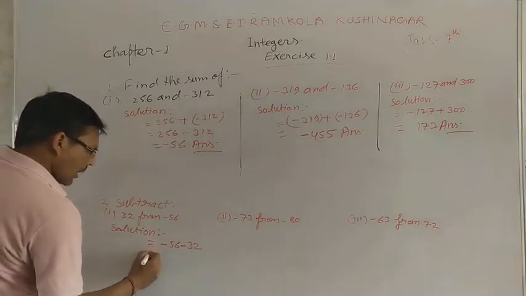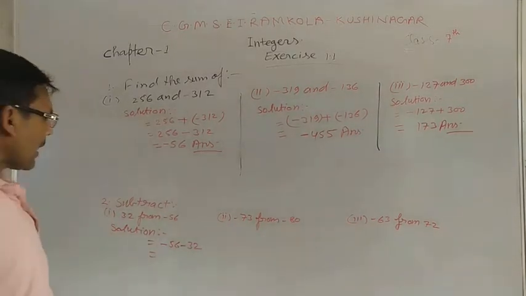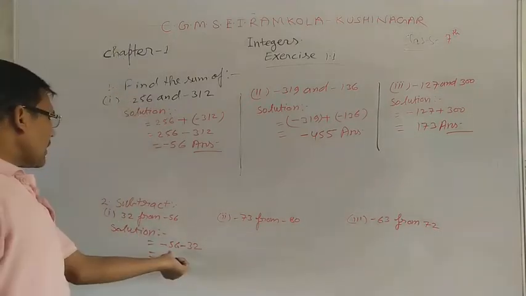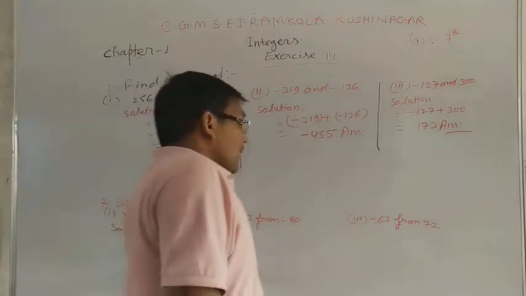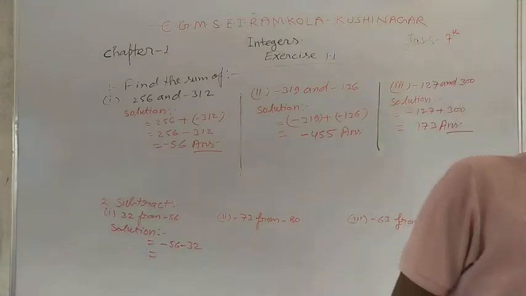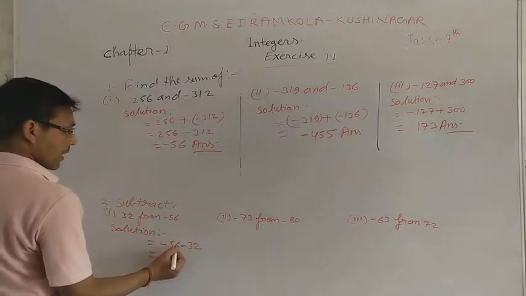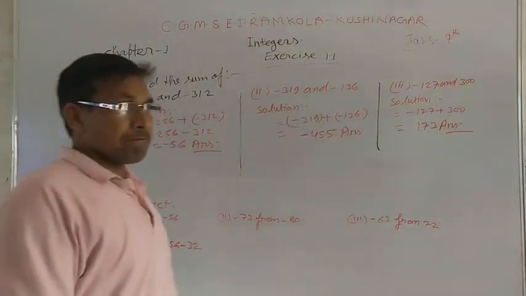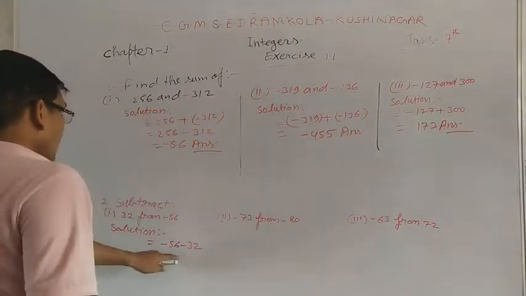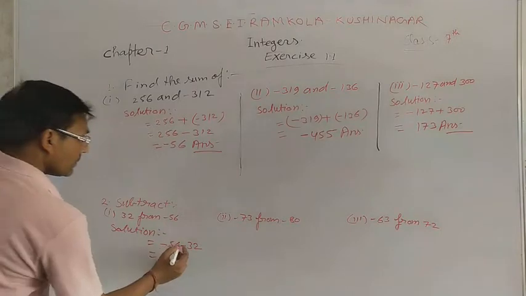Here we have to look very carefully that both the integers are the same sign. If both the integers are the same sign, then it will be clear for the above solution. Here both the integers are in additive mode.